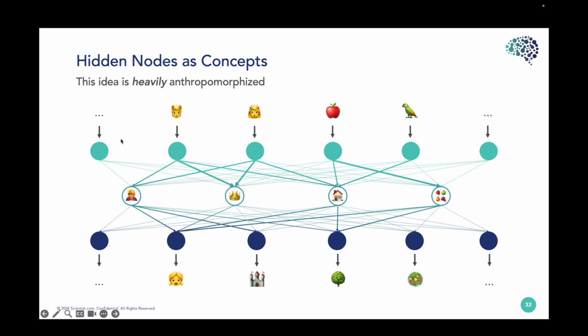It would make a lot more sense if we had more examples. This node here helps connect not only queen and princess to palace, which is where they live, but also apple to tree and parrot to tree, because that's where the apple comes from and that's where the parrot nests. This could be something like home or comes from. And finally, we've got some node over here that connects apple to salad, and this could be some sort of fruit node, some sort of fruitiness node.